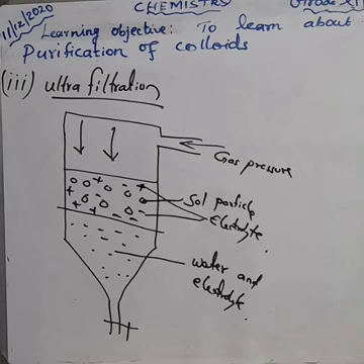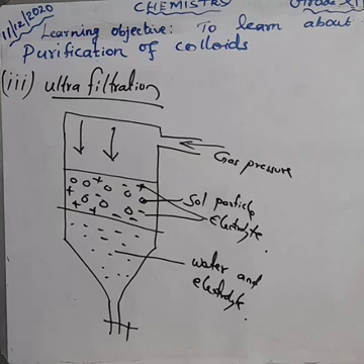Here, the pores of ordinary filter paper permit the passage of colloidal solution. Sometimes the ordinary filter paper has some pores which may permit the passage of colloidal solution. But in ultrafiltration, the membrane is made using colloidion or cellophane.